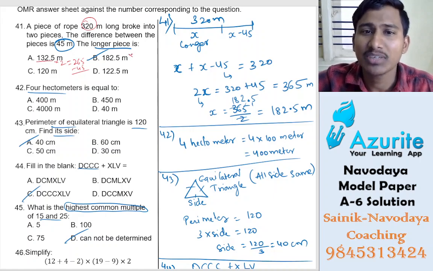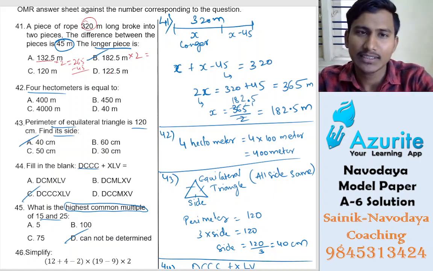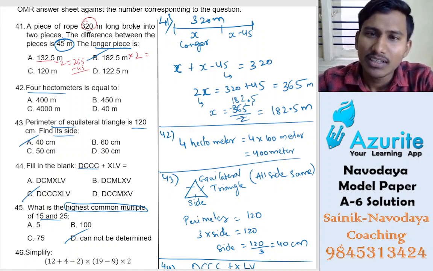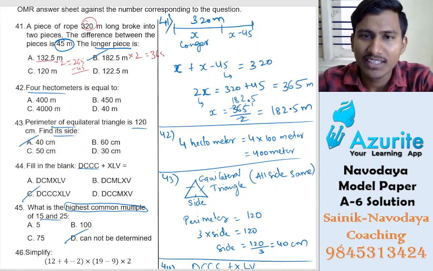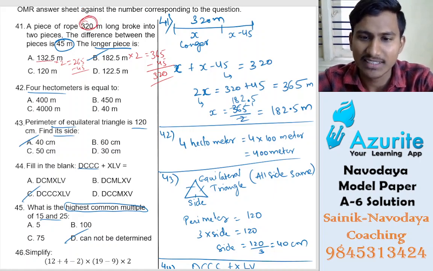So here, if you take 182 and double it, it will come to 365, and minus 45 you will get 320. So that is the answer, right? Here you got 320. So you can go with options like this.